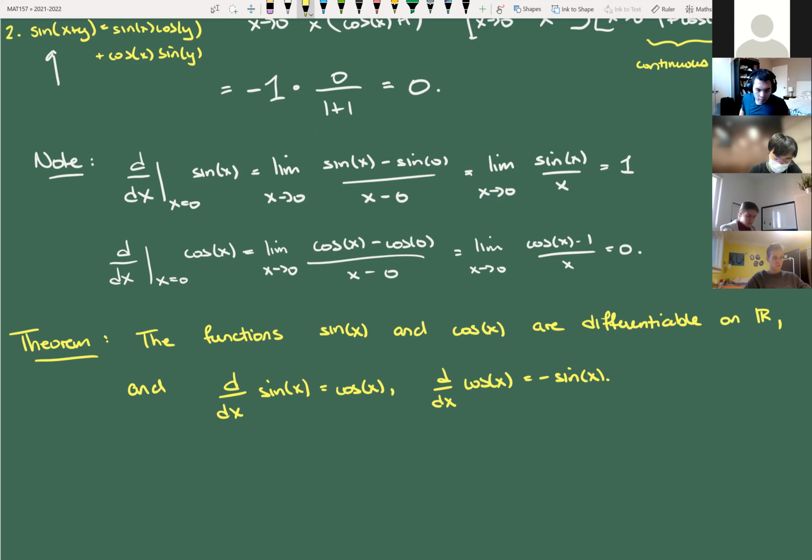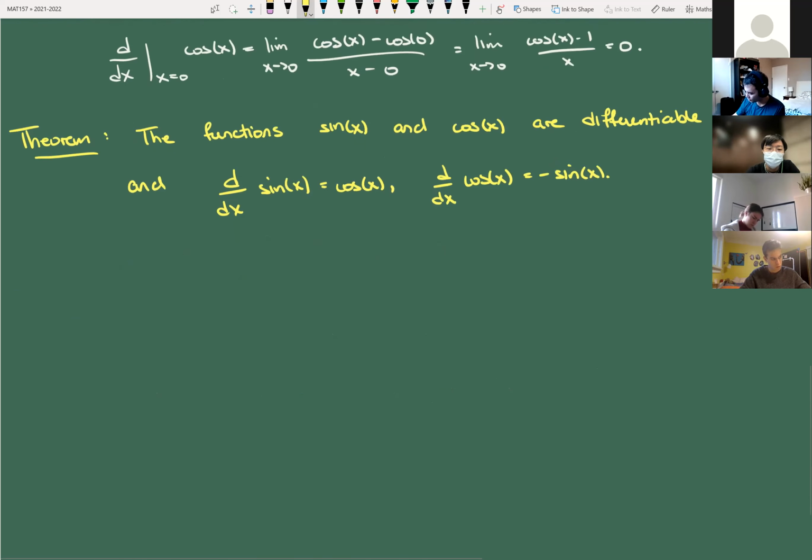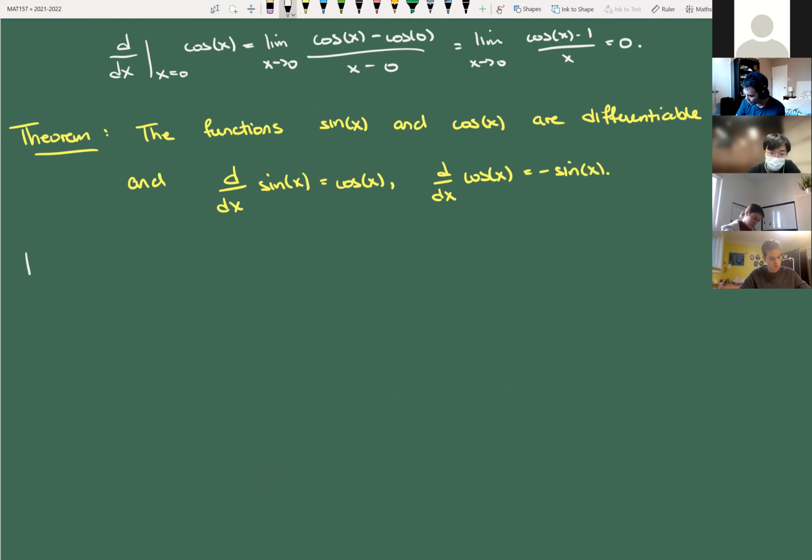Okay, which is really, really nice. And in fact, the fact that sine and cosine have this nice relationship between them is crazy important, right? It ends up coming up all the time in things like differential equations. There will be even crazier things that manifest because of this later.